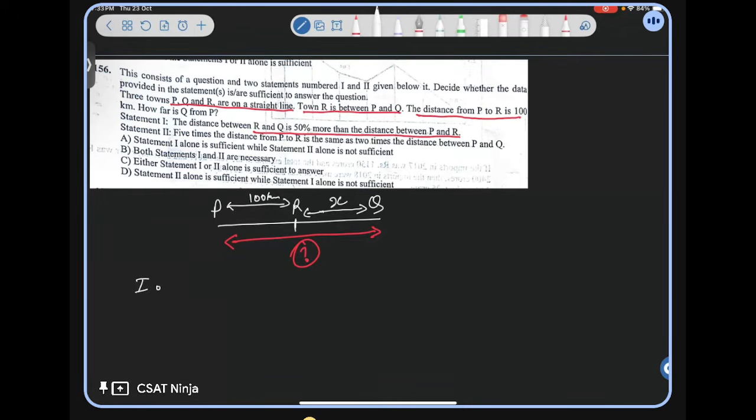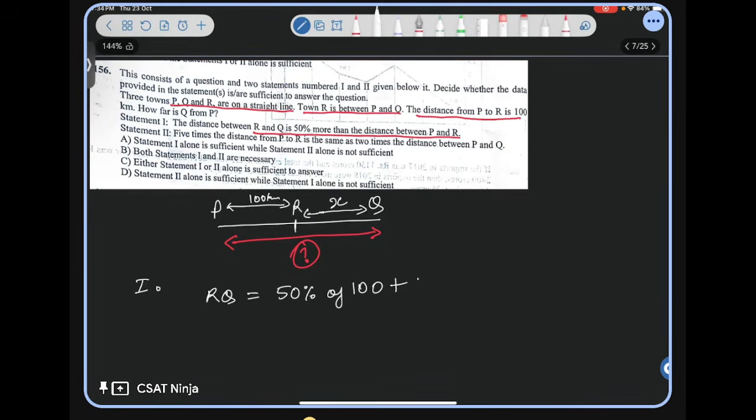The distance between R and Q is equal to 50% more than the distance between P and R. 50% of what? 50% of 100. More means 50% of the distance between these two, so because there is more, that's the reason I'm writing a plus sign here. More than what? The distance between P and R.